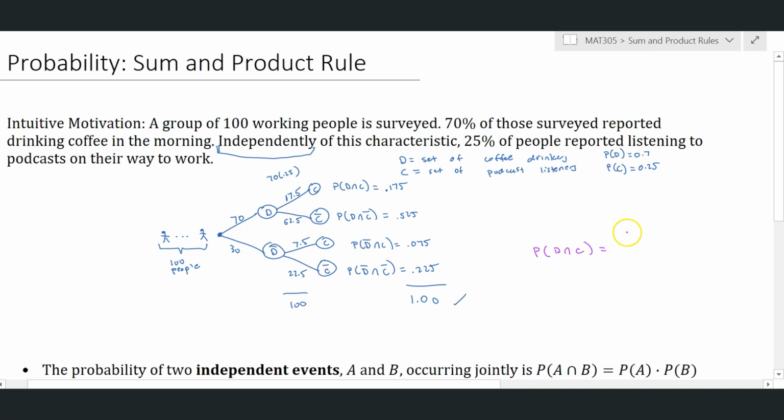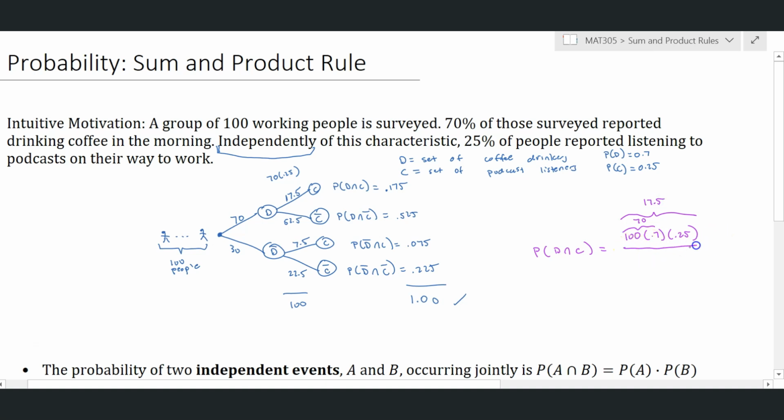We took 100, we multiplied that by 0.7 to get our 70. So this gave us our 70 right here. And then we took that 70 and we had to multiply that by 0.25. And that collectively gave us our 17.5.